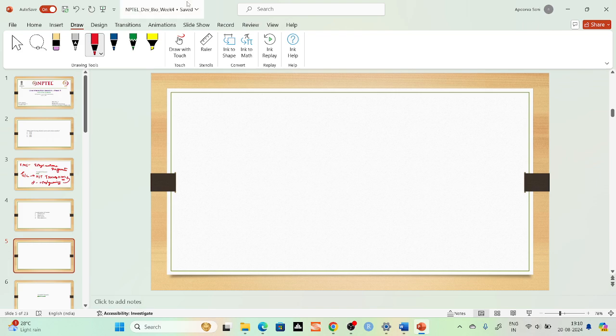So if I talk about genetic mosaicism, what does it mean? It means presence of two or more cell lineages with different genotypes which are present in a single zygote.